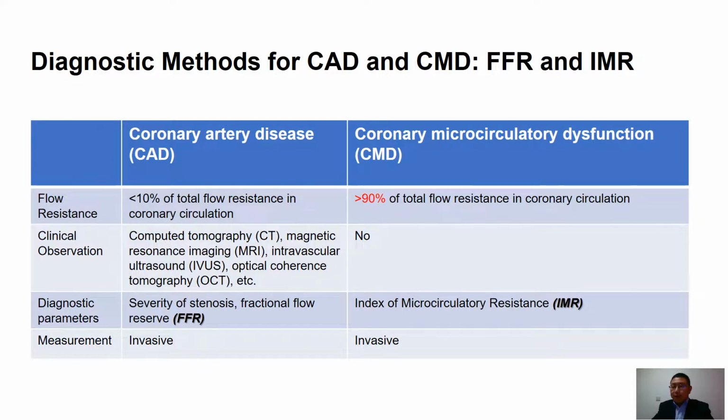For both FFR and IMR, the measurement is highly invasive, which is a major limitation. In clinical practice, FFR and IMR are only measured when the patients show highly relevant symptoms. Therefore, it's very difficult to achieve the early detection of CAD and CMD.